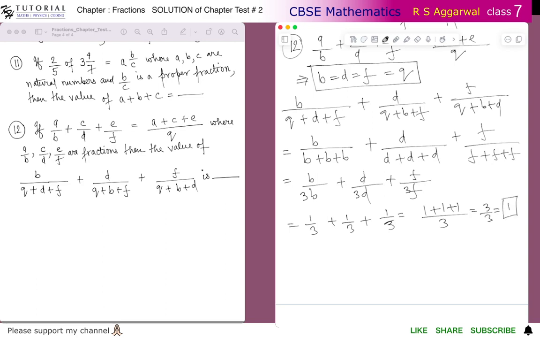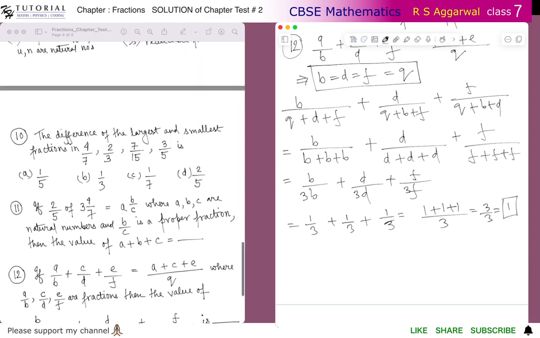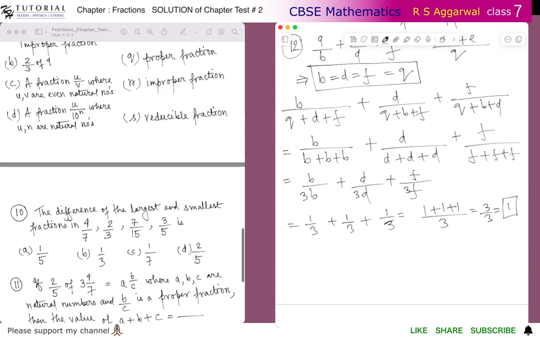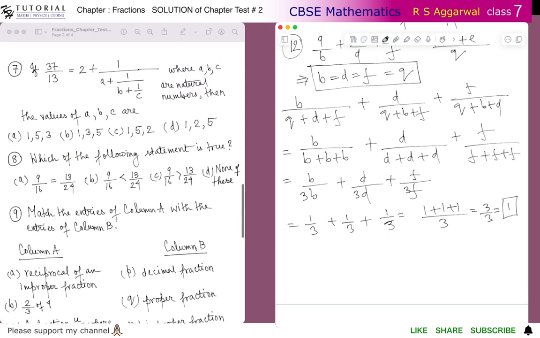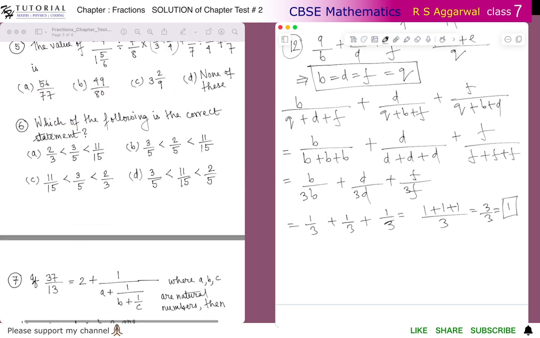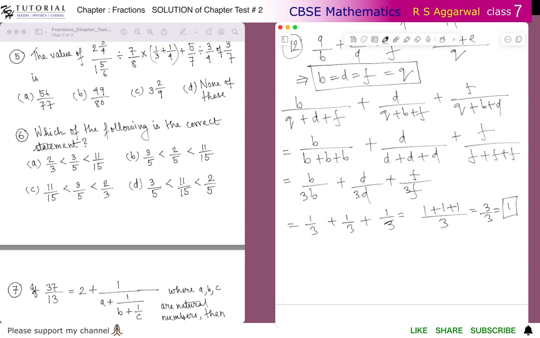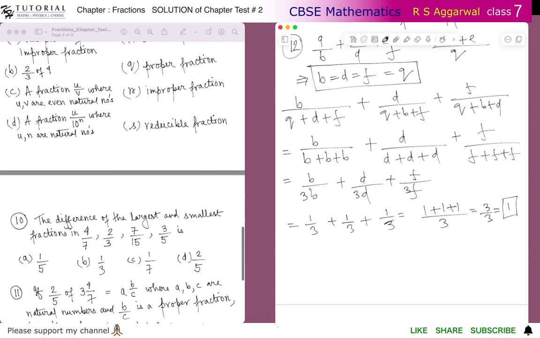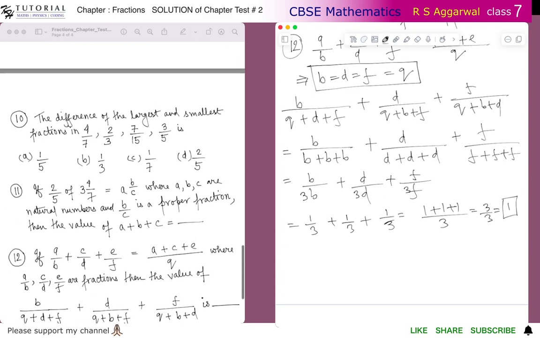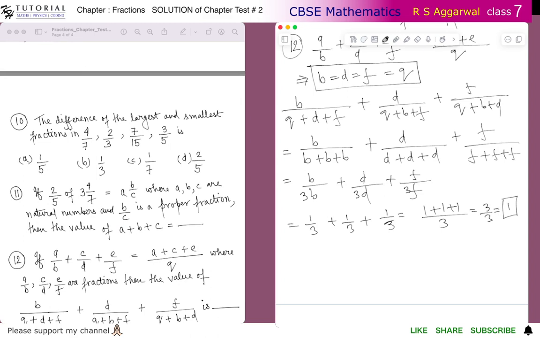Okay. So there was some issue in two questions, question number 11 and question number 6. Question number 11 was framed by me, so I made a mistake. It should be that b/c is an irreducible fraction and also a proper fraction.